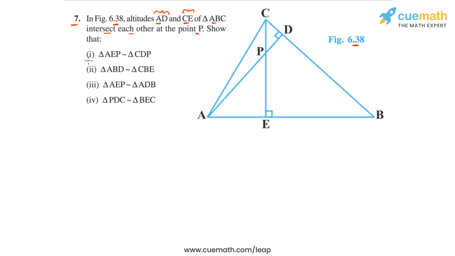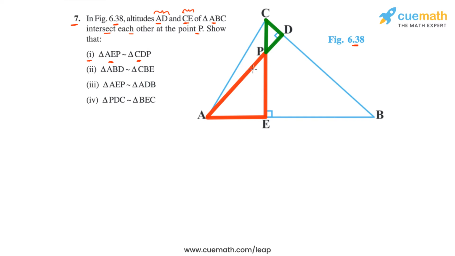In the first part, we have to show that triangle AEP is similar to triangle CDP. So triangle AEP is this triangle that I've highlighted, and triangle CDP is this second triangle that I've highlighted. Now we don't have any information about the sides of these triangles, but it's easy to see how the angles of these two triangles are related.